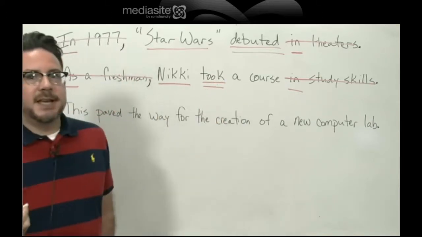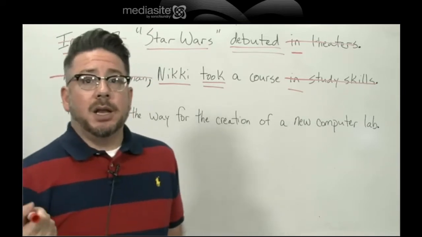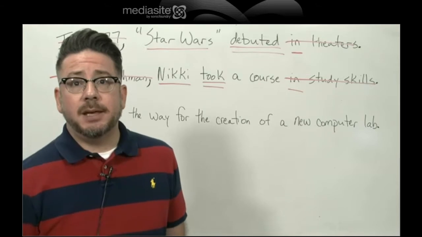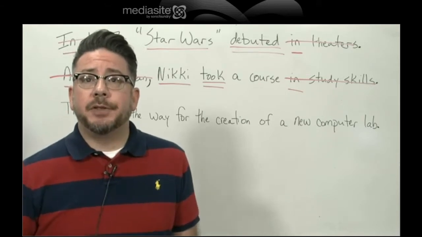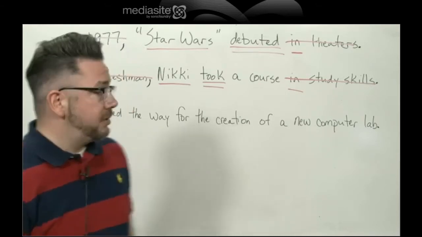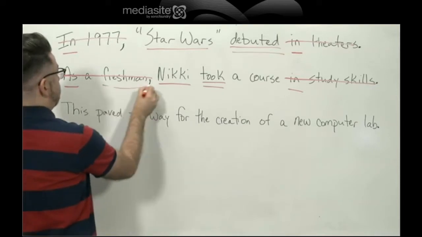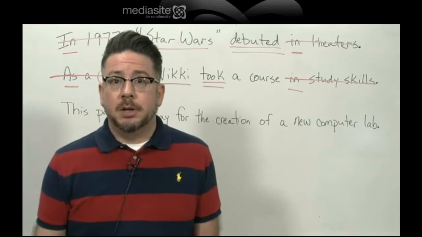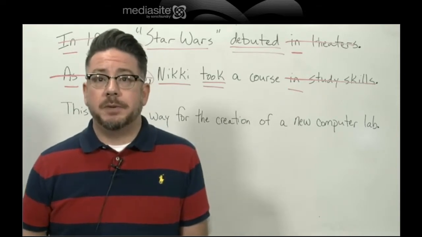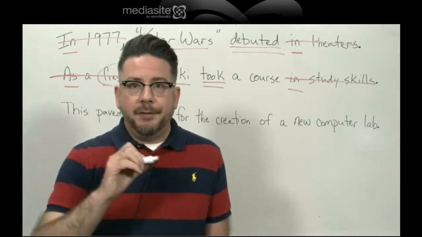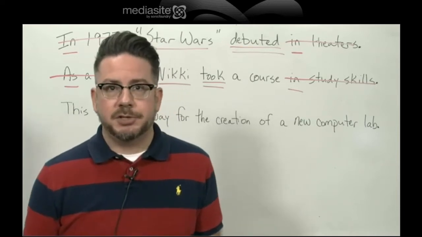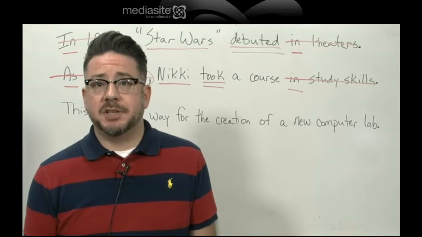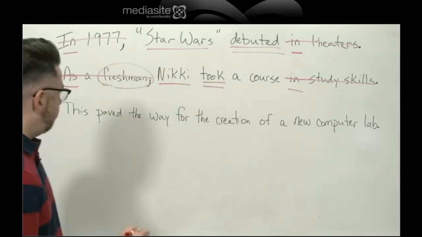And this is a good example where you can see how eliminating the preposition prevents us from making a mistake. Because if I'm simply looking for the first noun in the sentence, that would be freshman. Well, the subject of the sentence is not freshman, because freshman is part of a prepositional phrase. So I have to get rid of any prepositional phrases first before I start looking for the subject of the sentence.